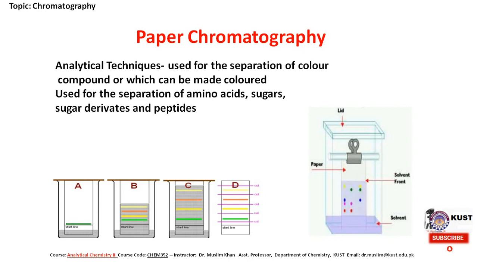The retention factor is the ratio of the distance traveled from the spot or origin by the solute component to the distance traveled from the spot or origin by the solvent. So basically this RF is the ratio of the distance traveled by any component to the distance traveled by the solvent.